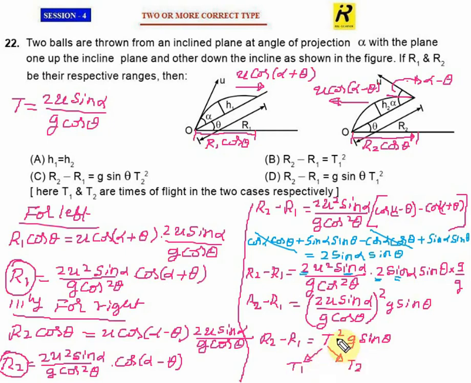That means t1 square g sine theta, which is said here, so this option is correct. And next, t2 square g sine theta is correctly said in option C. This option is also right.